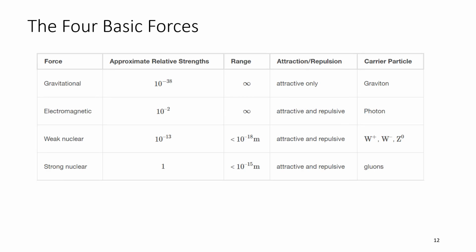One of the most remarkable simplifications in physics is that only 4 distinct forces account for all known phenomena. The 4 basic forces are the gravitational force, the electromagnetic force, the weak nuclear force, and the strong nuclear force.